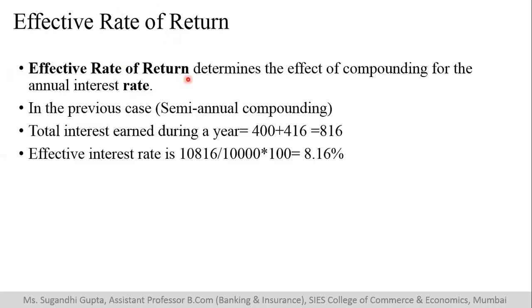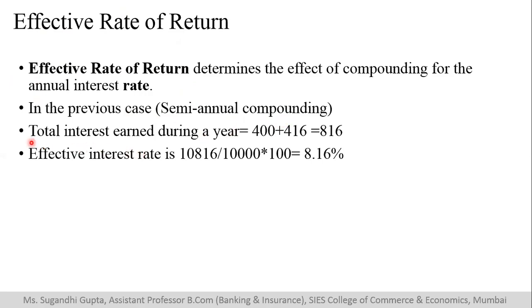So what is effective rate of return? It tries to determine what is the impact of compounding on the interest rate. So whether because of compounding my interest rates will increase or it will decrease. Whether I'll get more benefit or I'll not get more benefit. Like in the previous example, you have a semi-annual compounding.